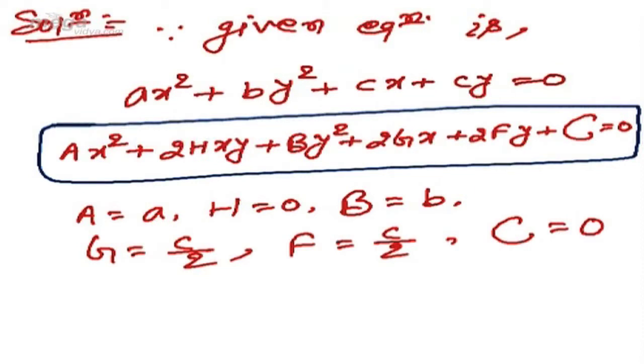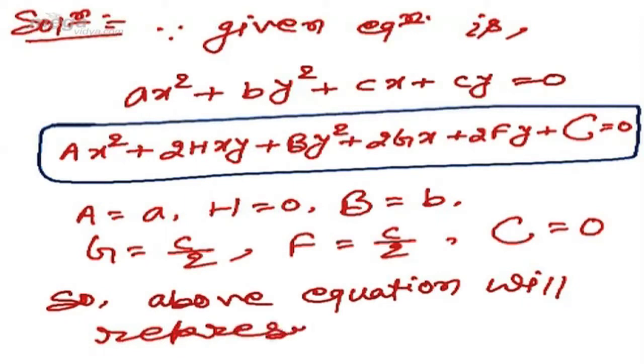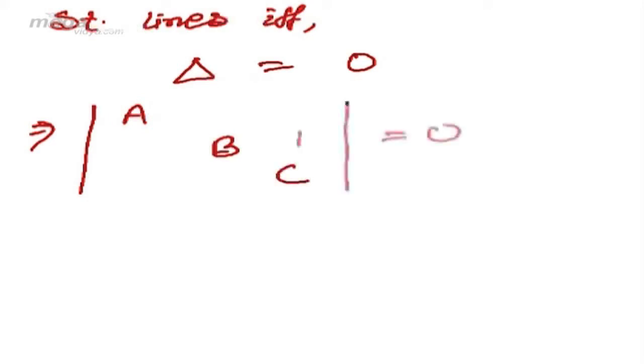This equation will represent a pair of straight lines if and only if delta equals 0, that means the determinant of a, h, g; h, b, f; g, f, c equals 0.